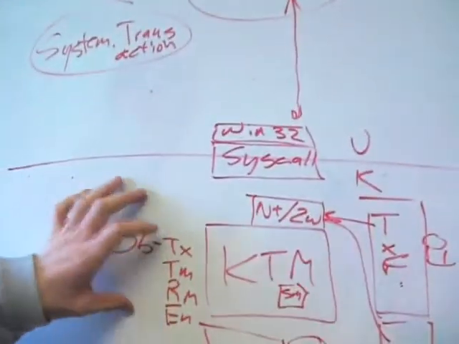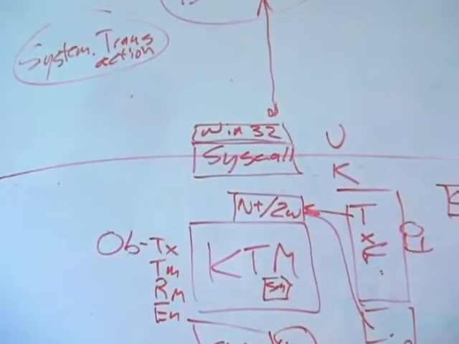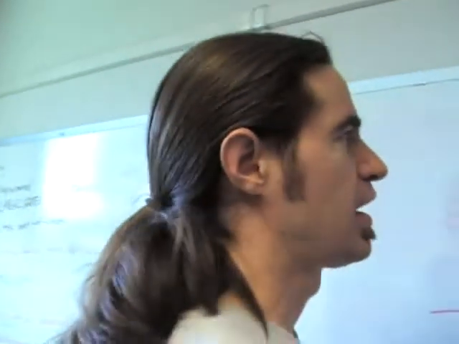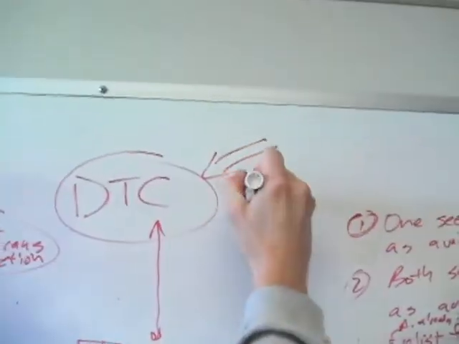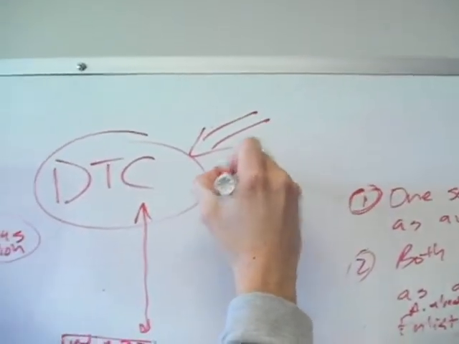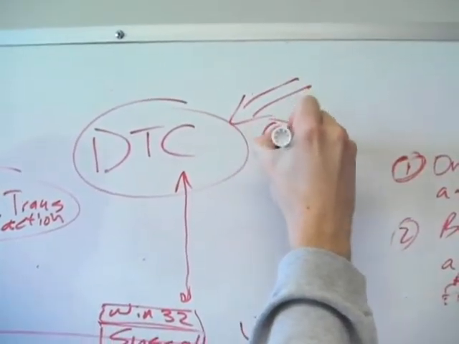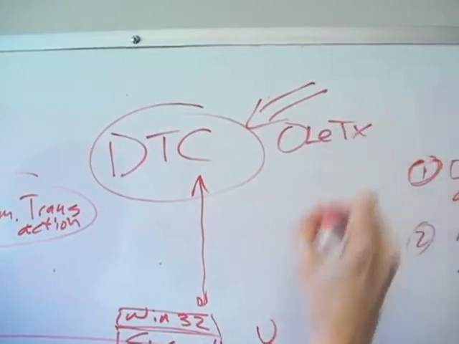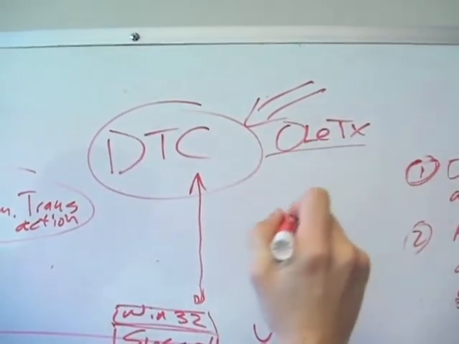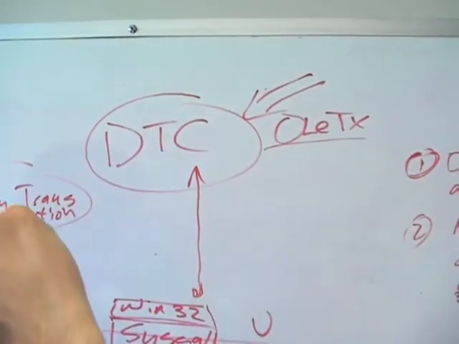You can make use of KTM from, since you mentioned COM, you can write apps that are targeted at DTC using their DTC proxy, which is called OLETX. They've exposed a new method.